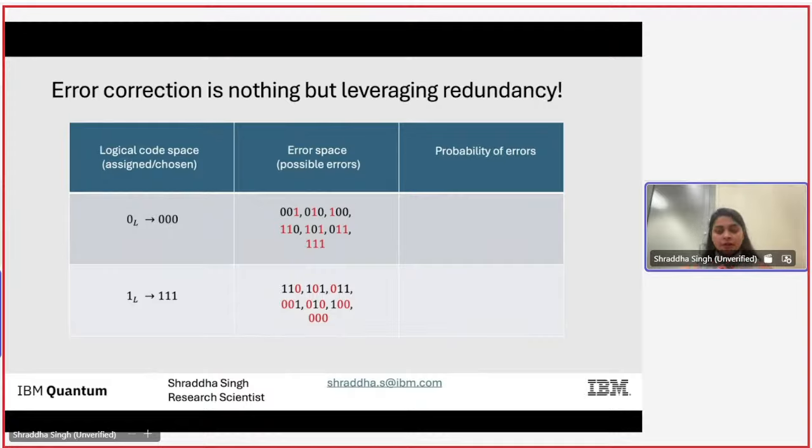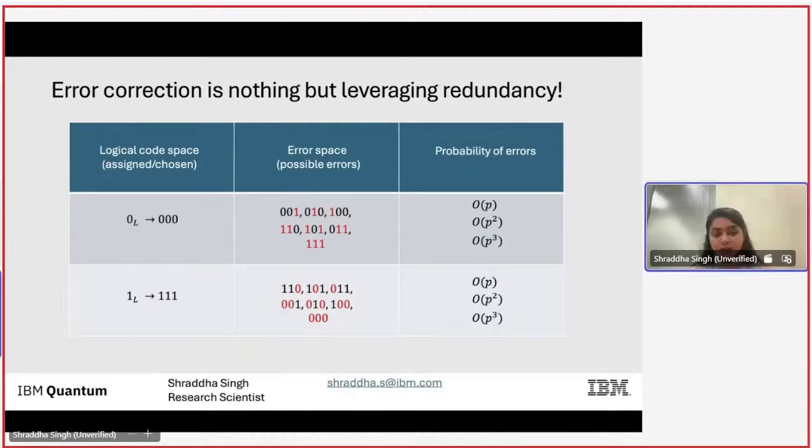You would rely on the fact that all of these single qubit errors are independent, which means single qubit errors can happen with probability on the order of p if a single qubit undergoes an error with probability p. 2 errors would occur with probability p squared, and 3-qubit errors would occur with probability p cubed.